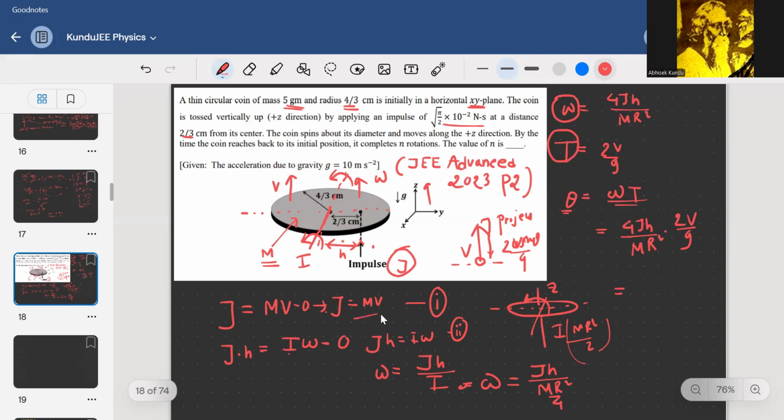From the first equation, v is j by m. So we get 4j into h, 2j by m, g is already there, m r square. So here we're getting 8 j square h by m square r square g.